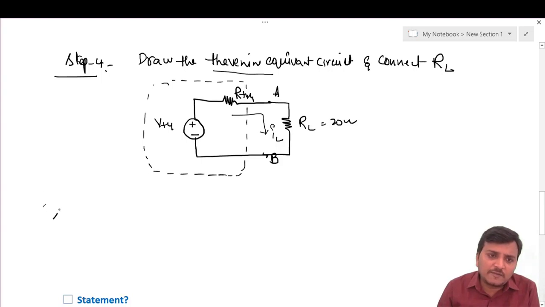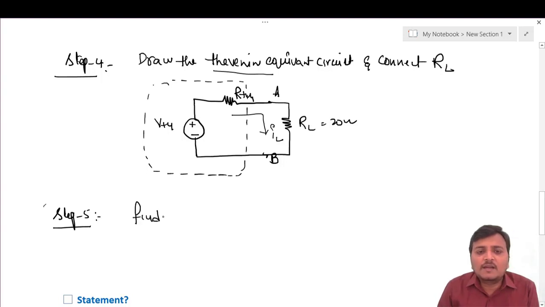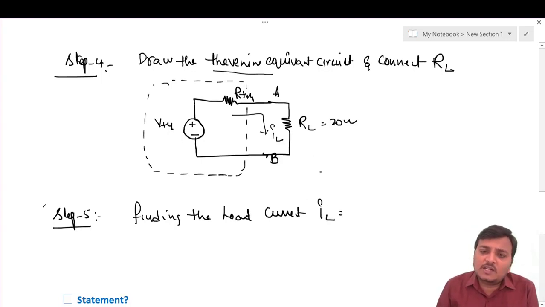So that is step 5. What is step 5? Step 5 is finding the load current IL. How can you find the current? I can simply write the KVL expression.